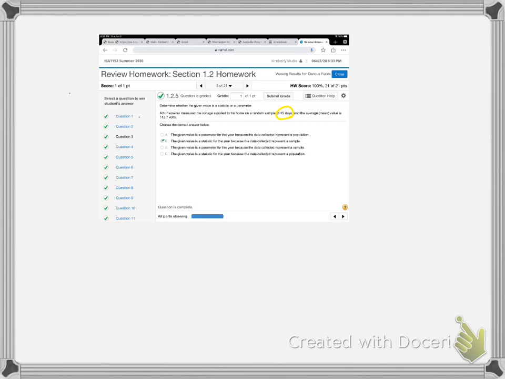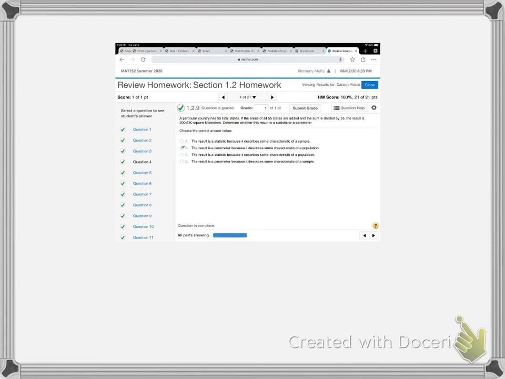So you are taking a sample. When you take a sample, the data that you collect would be called a statistic. So a parameter for a population, a statistic is relevant for a sample. Just remember statistic and sample both start with S. Parameter and population both start with P.